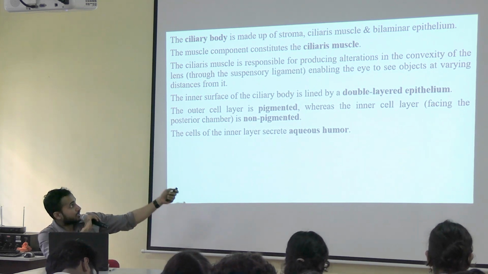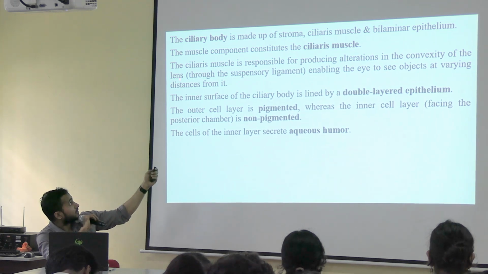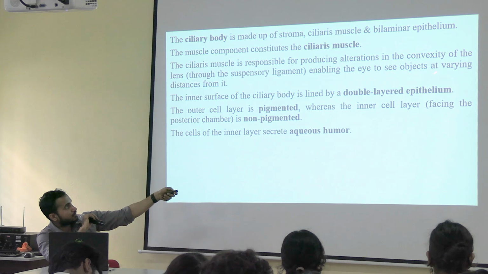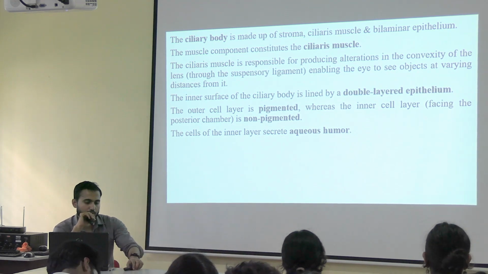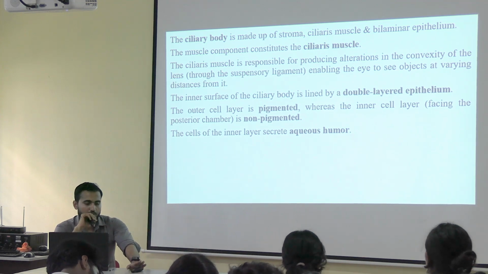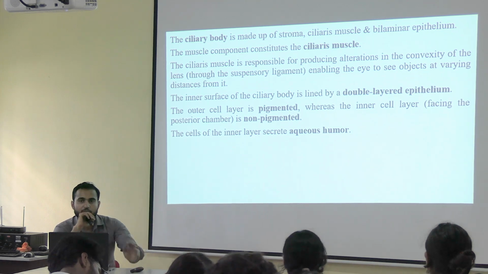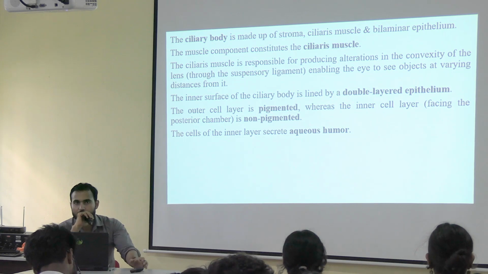Here you can see the ciliary muscle is responsible for producing alteration in the convexity of the lens through the suspensory ligament, enabling the eye to see objects at varying distances. Suppose an object is placed near you, or far from you, accommodation of the eyeball is required.